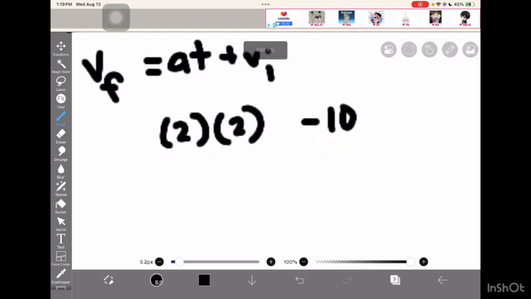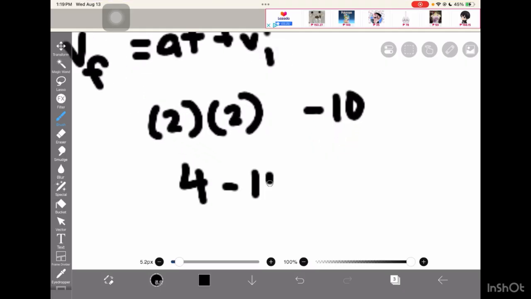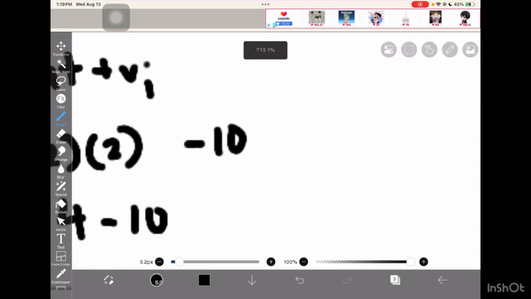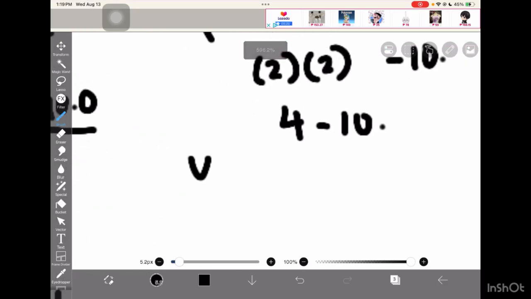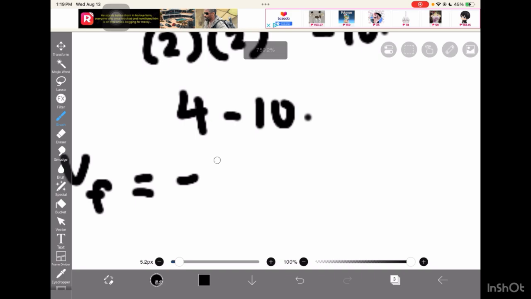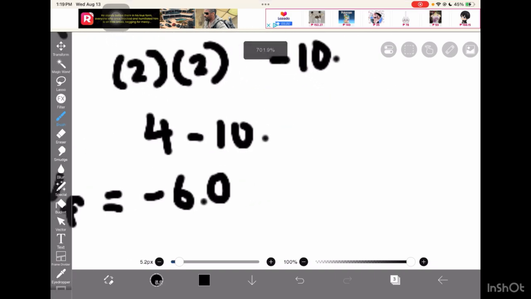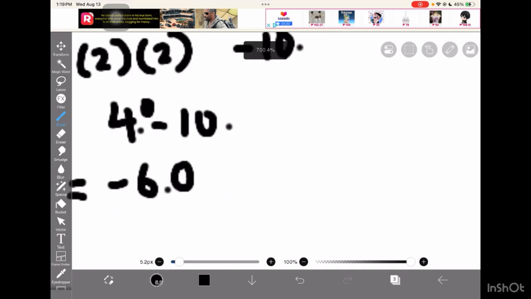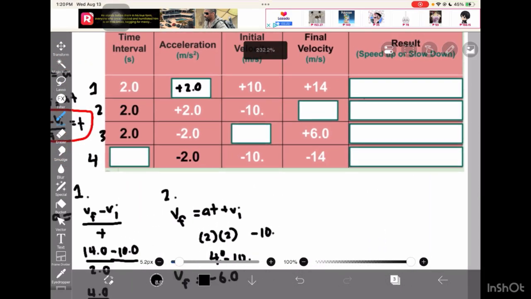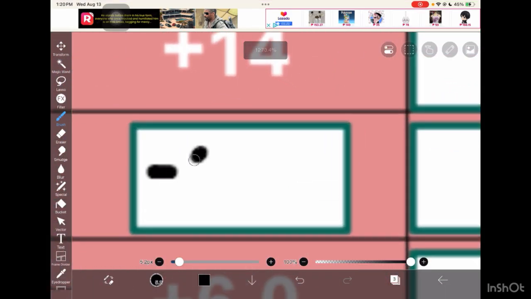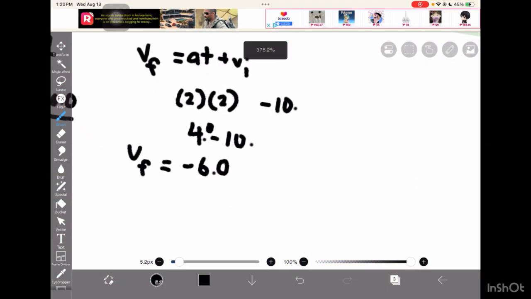So we have 4 minus 10, and that's equal to v sub f is equal to negative 6.0. Sorry, there you go. Negative 6.0 meters per second.